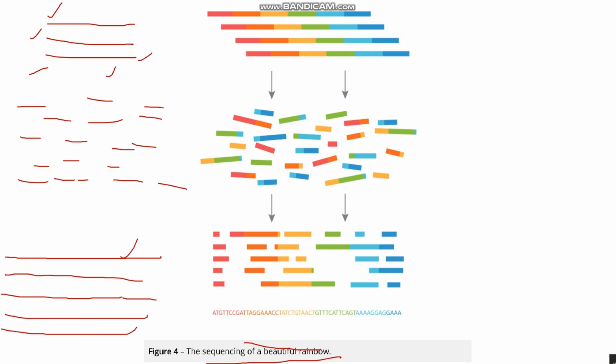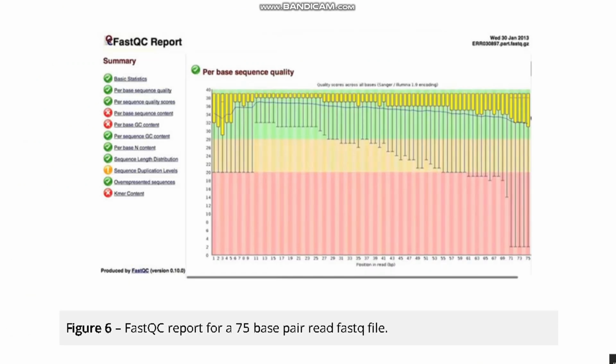It is shown like this, and it gives us the base quality. This gives the base quality as a FastQC report, because from the FastQ file we get the Phred score.